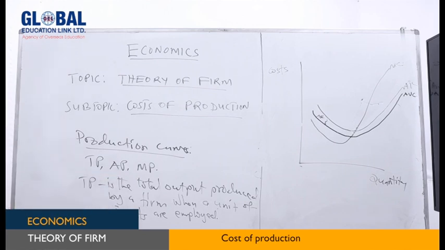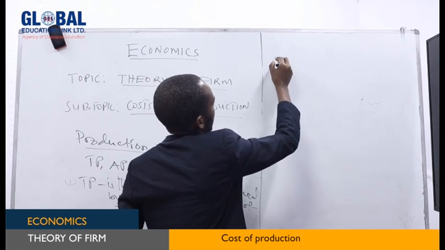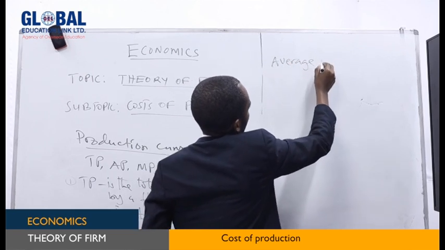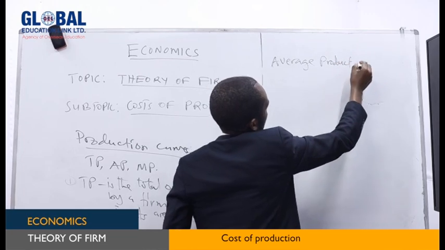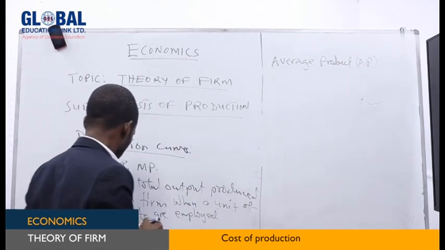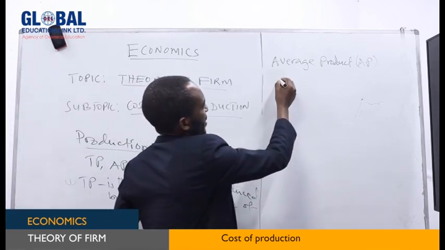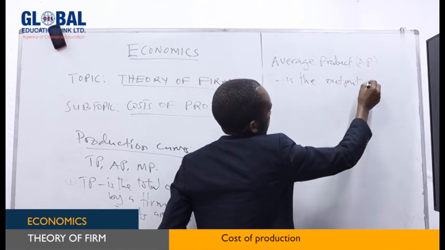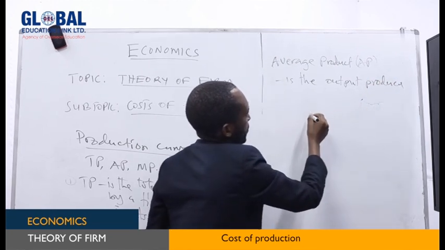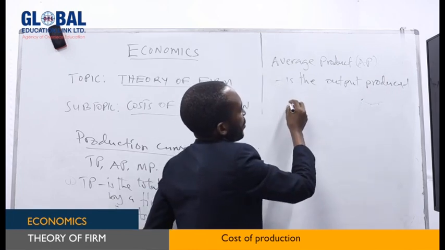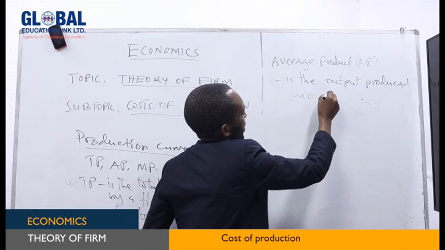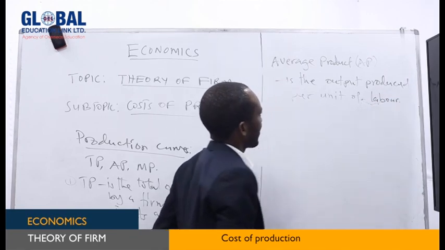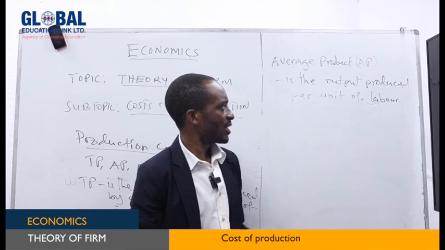Also, we have average product. So average product, or AP, is the output produced per unit of labor.